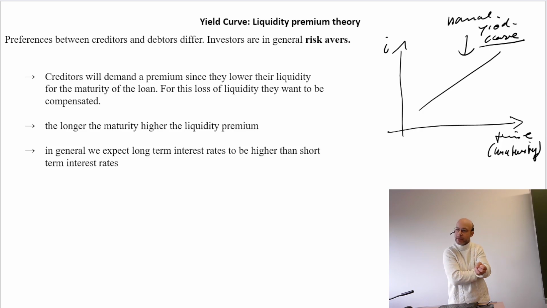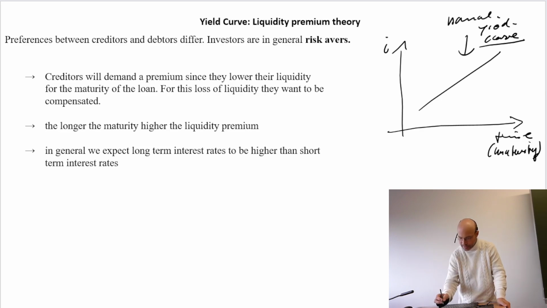Then, of course, because during this time you are illiquid, you still have the money because you gave the credit to another guy, but you cannot get the money next year or in 2 years if the maturity is 3 or 4 years. And for this, you then want to have a higher interest rate.